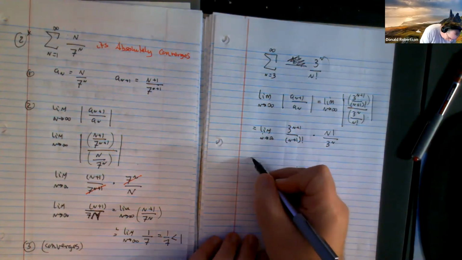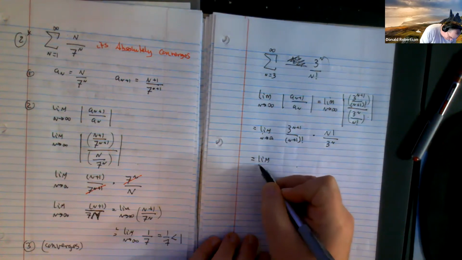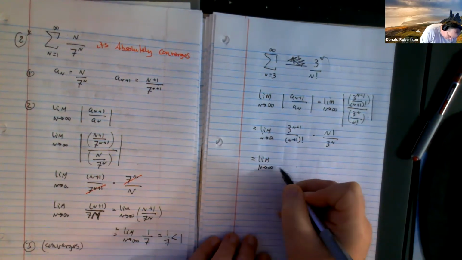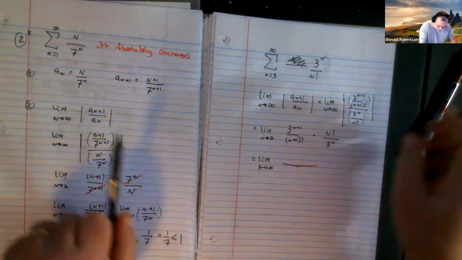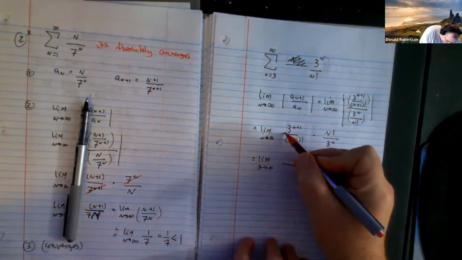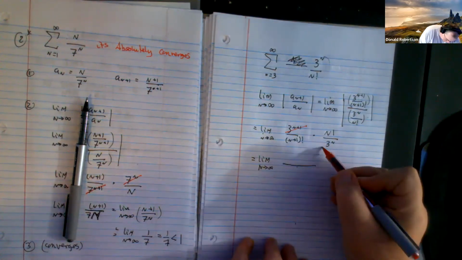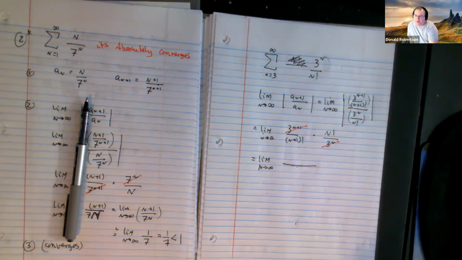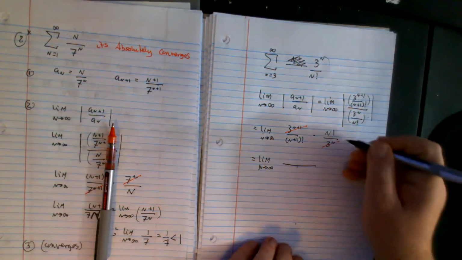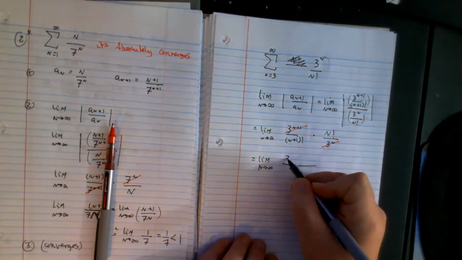Now we're going to see some unusual cancelling, at least in one of the terms. Would you agree that 3 to the n plus 1 will cancel with 3 to the power of n? And what will be left over? And will it be on the top or the bottom? Three on the top. Agreed.